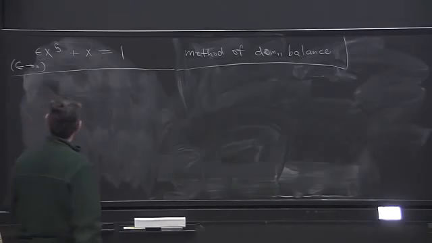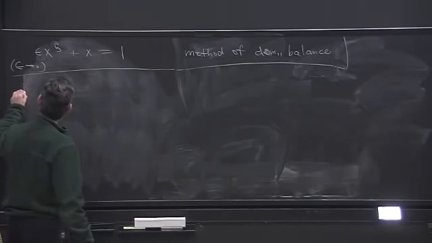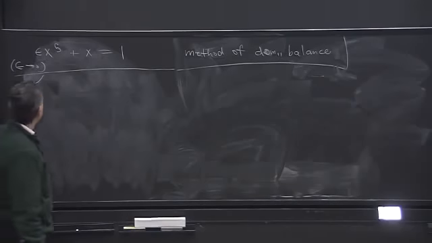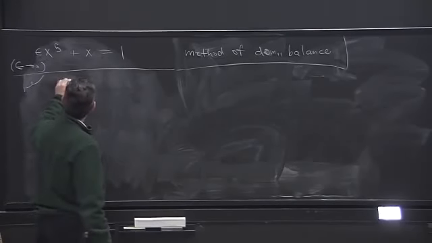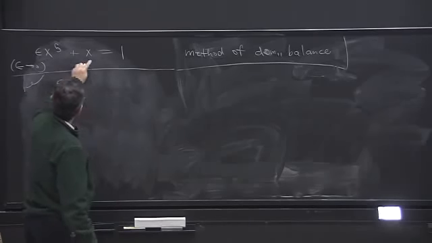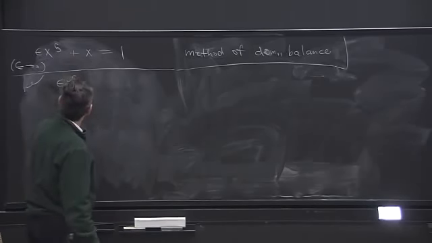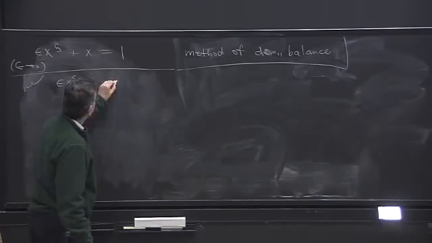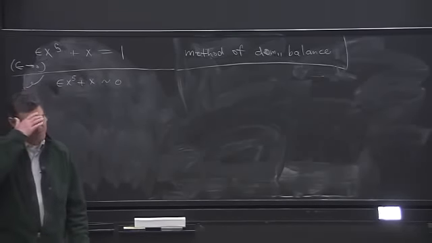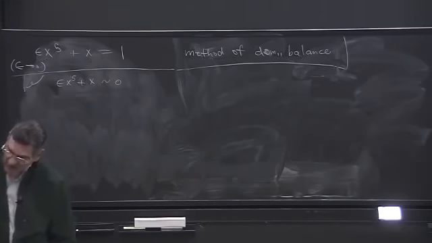The first possibility is that 1 becomes negligible. We can throw away 1. And that epsilon x to the 5 plus x would be asymptotic to 0. Oh, wait a minute. Excuse me.